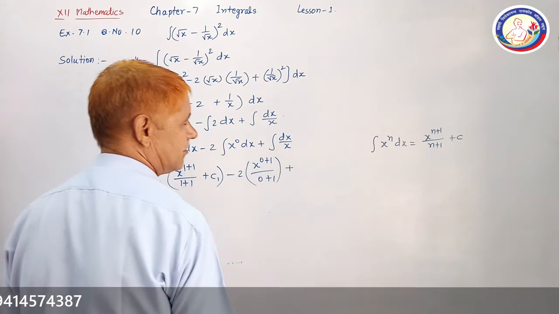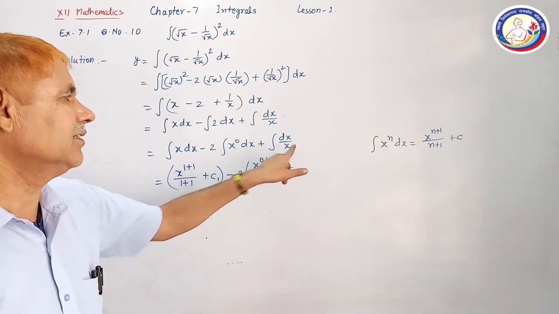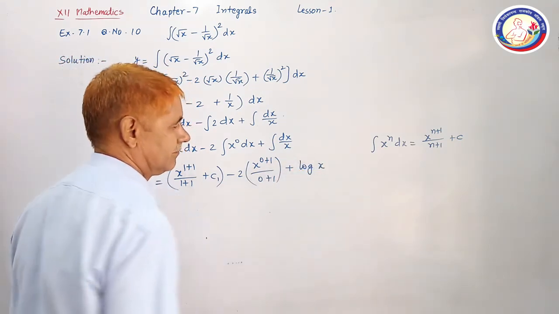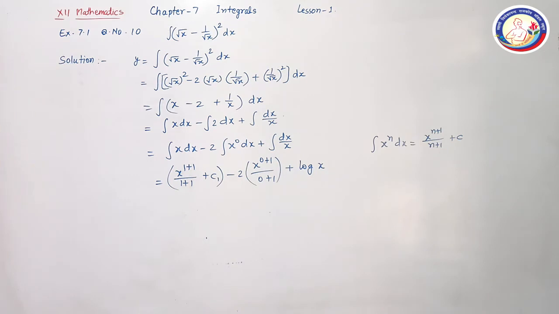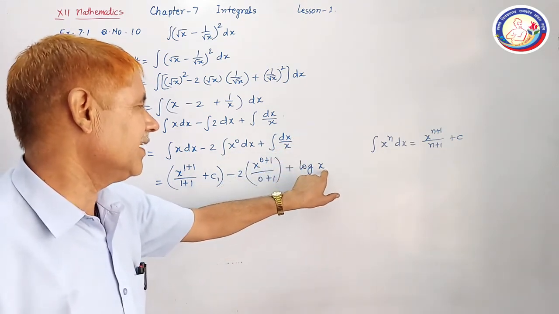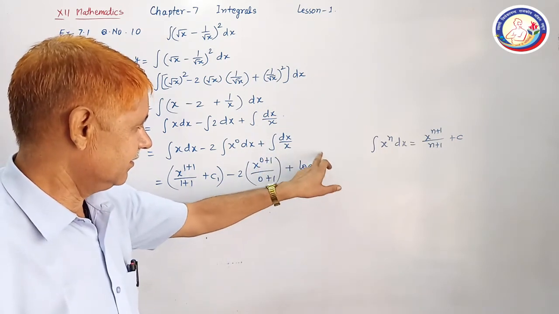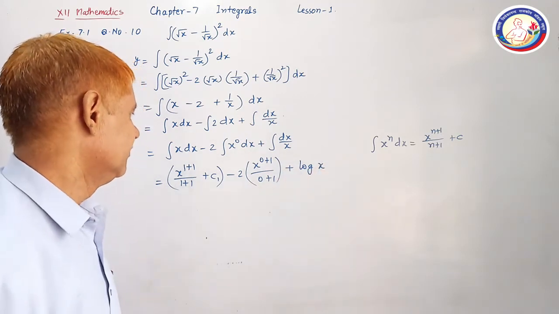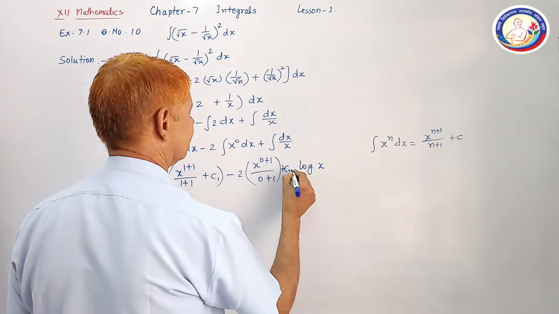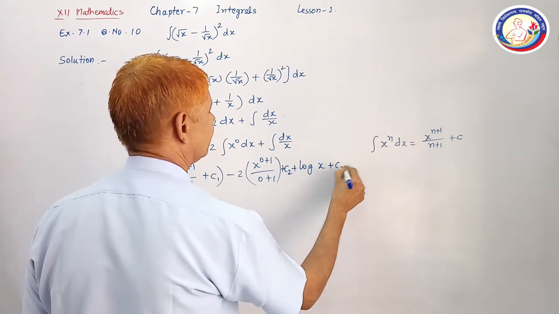And what is the function for which the derivative is 1 upon x? It is log x. For log of x, the derivative is 1 upon x. For log of minus x, it is also 1 upon x. So we can write it as modulus of x also. Here plus c2, and plus log of x plus c3.